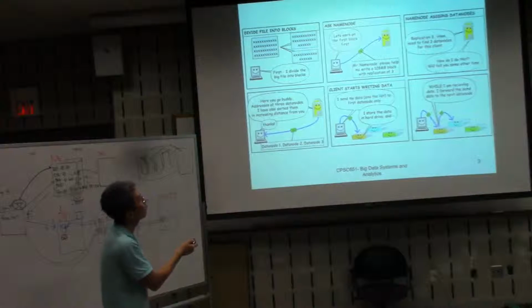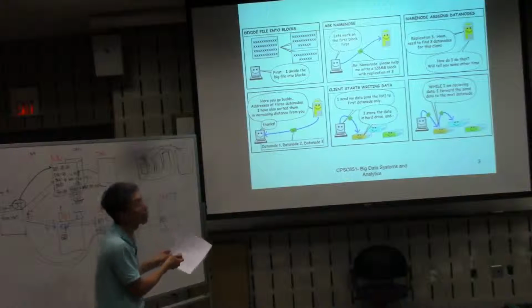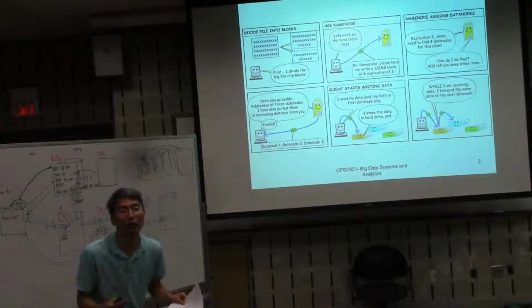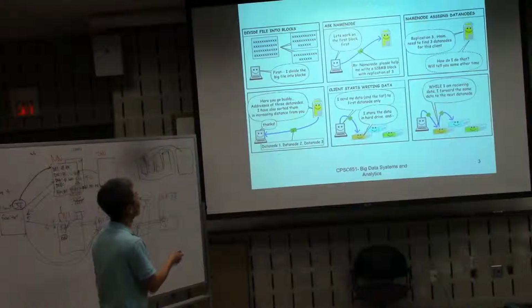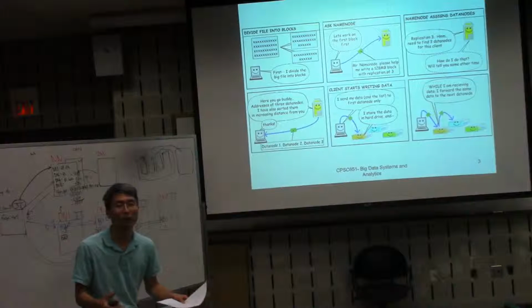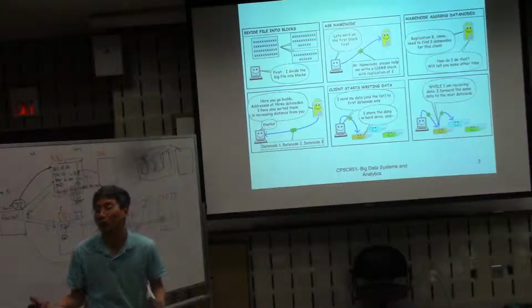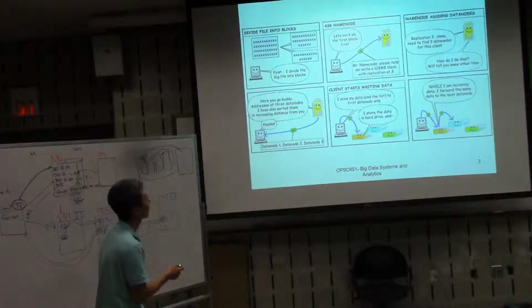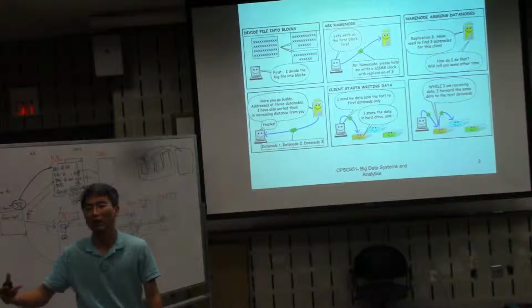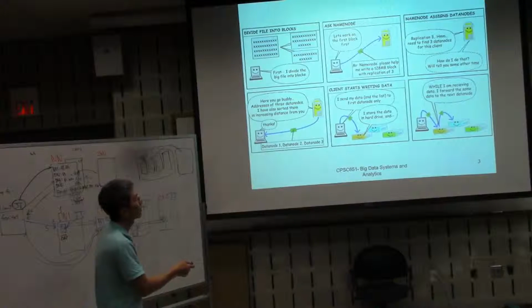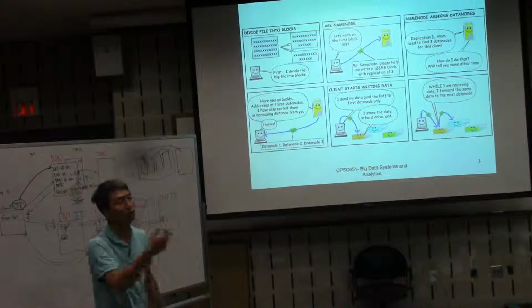Then the naming node knows which nodes are available, and which nodes are close and in order, so it gives the information about data node 1, data node 2, data node 3. What kind of information? Probably IP address and port number. Using that, contact this one, then send the data as a stream. While node 1 is receiving and writing the data, it sends it to the next node.